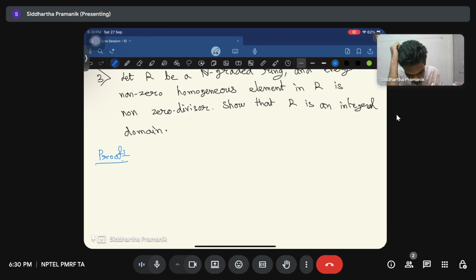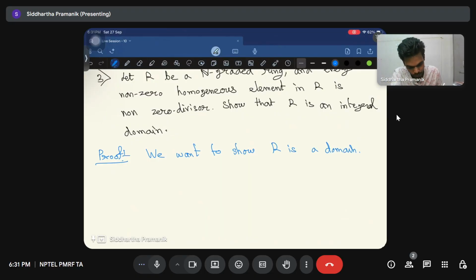We want to show R is a domain. So let A, B belong to R, be two non-zero elements.